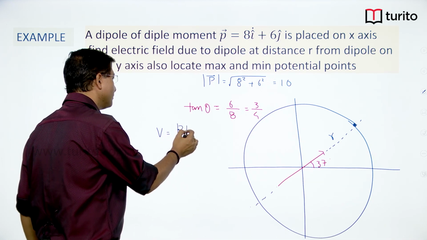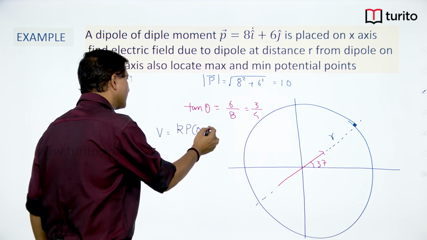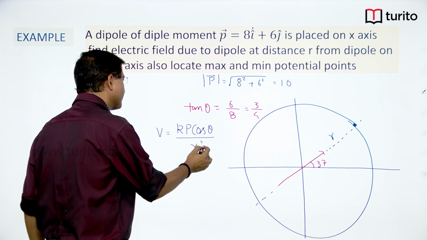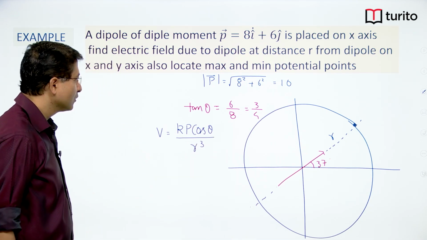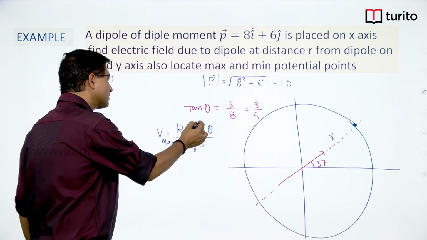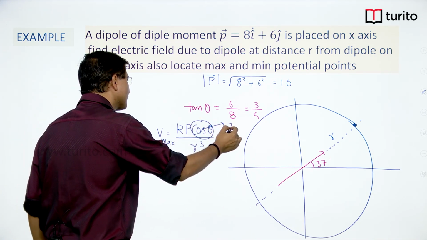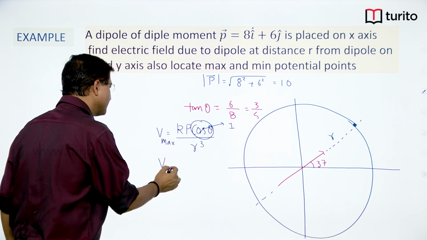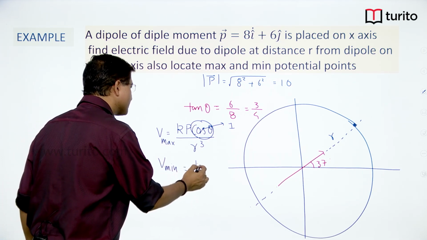The potential is K p cos theta divided by r cube. The potential will achieve its maxima when cos theta is 1, and its minima when cos theta is minus 1.